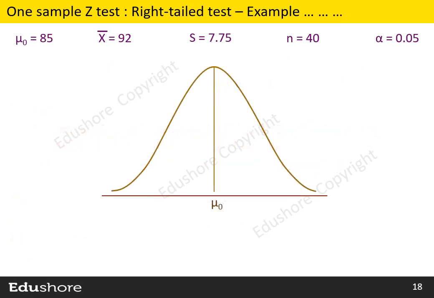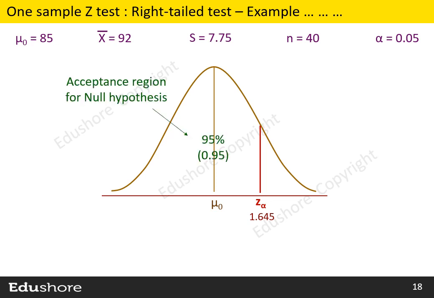Let us understand the right-tailed test with graphical illustration. This is the Z-critical value, Z alpha. In other words, 1.645. The 95% confidence region or 0.95 probability area under the curve is the acceptance region for null hypothesis. The alpha or 0.05 probability area on the right side of the curve is the rejection region.